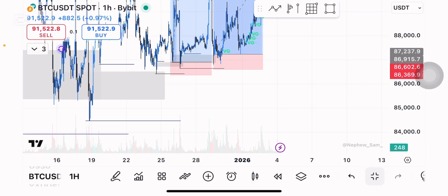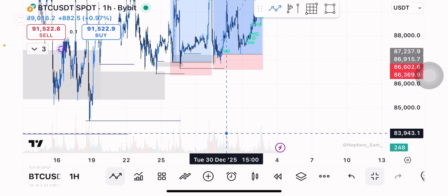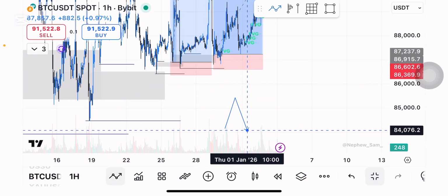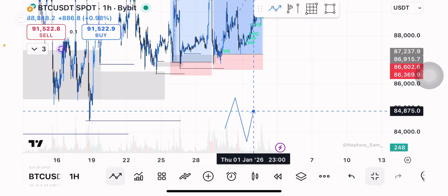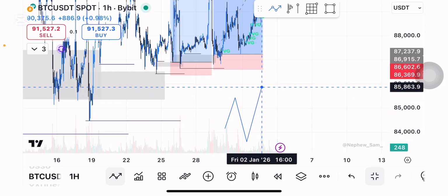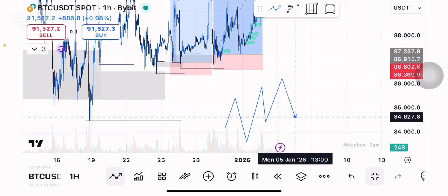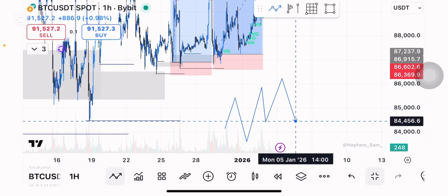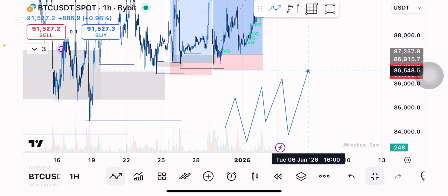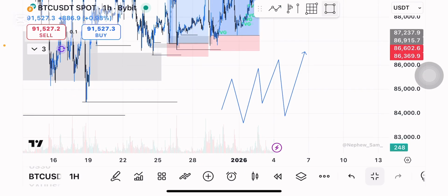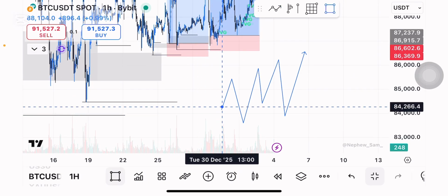Now I'm going to show you the two types. There's the type A, which is like this. You have a sweep, you have a break of structure, then pull back, then price comes back in, then goes to TP. This is the first one.